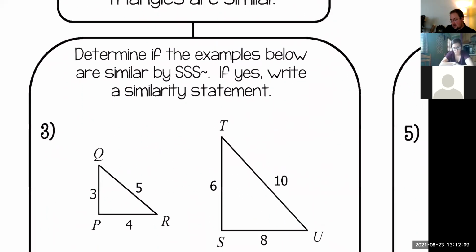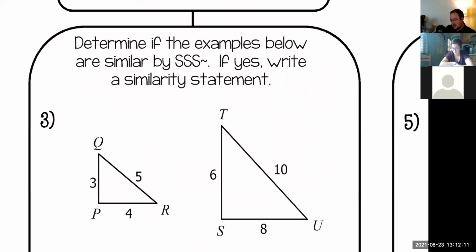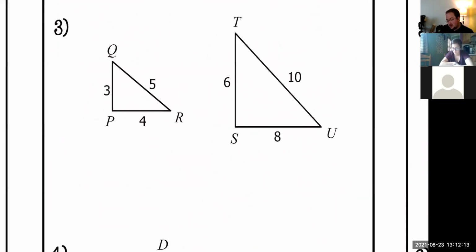So I'm going to determine based off of side, side, side similarity whether or not these triangles are in fact similar. Now, again, I can kind of get a sense as to what orientation they are with respect to each other and which ones should potentially be corresponding.